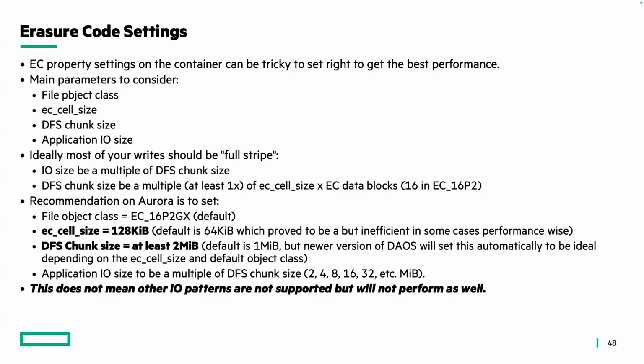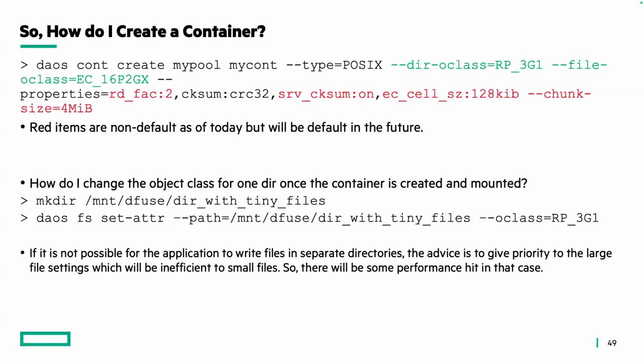Nothing is unsupported; everything will be supported. Some things might perform very well, some might not perform as well, and this is where we can get into tuning after you get your data in. So let's move on here. This is now trying to summarize all the different properties I talked about.